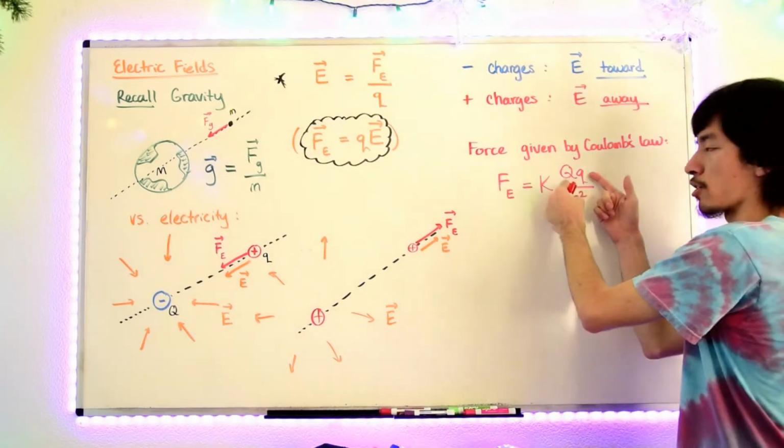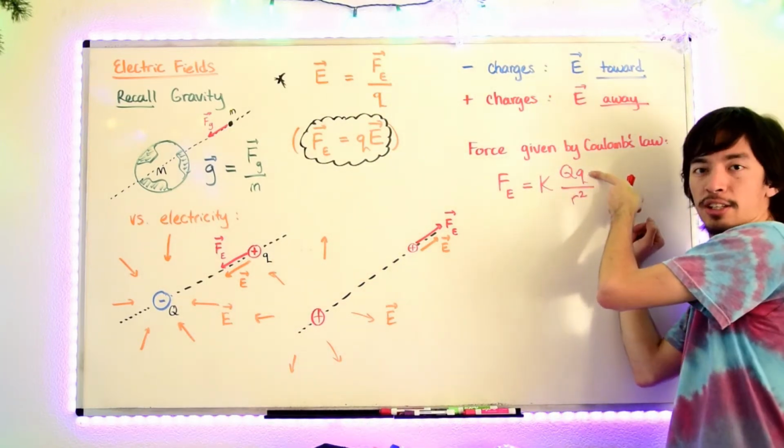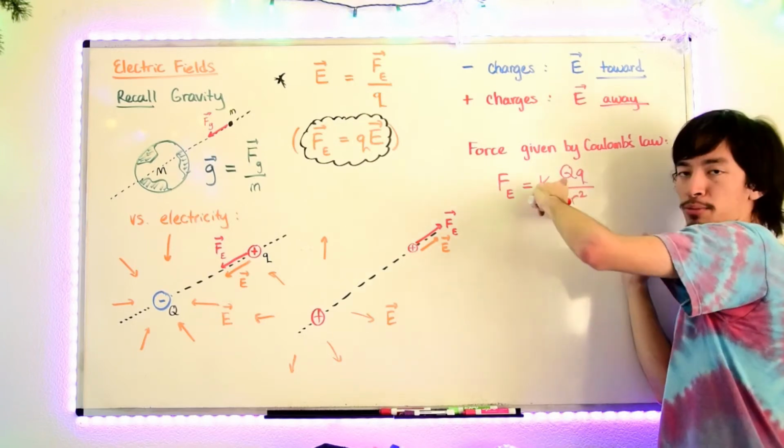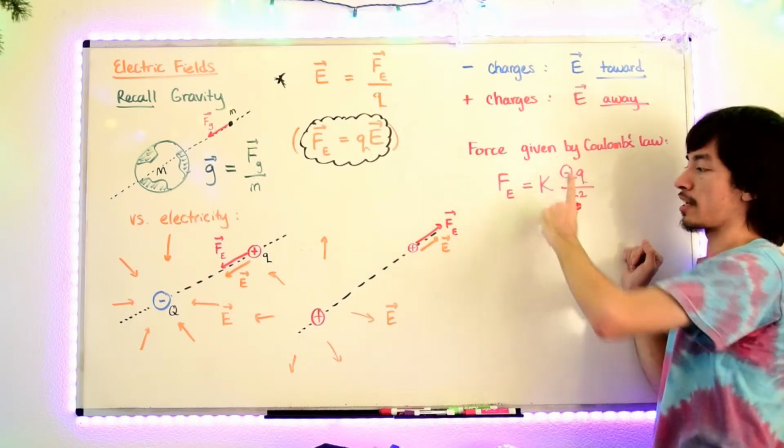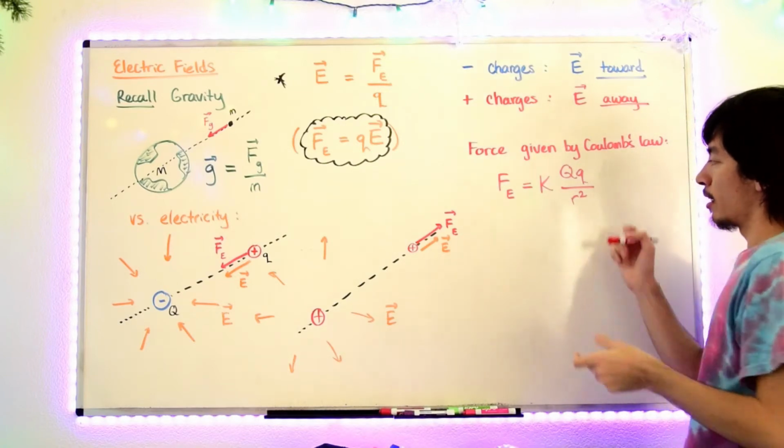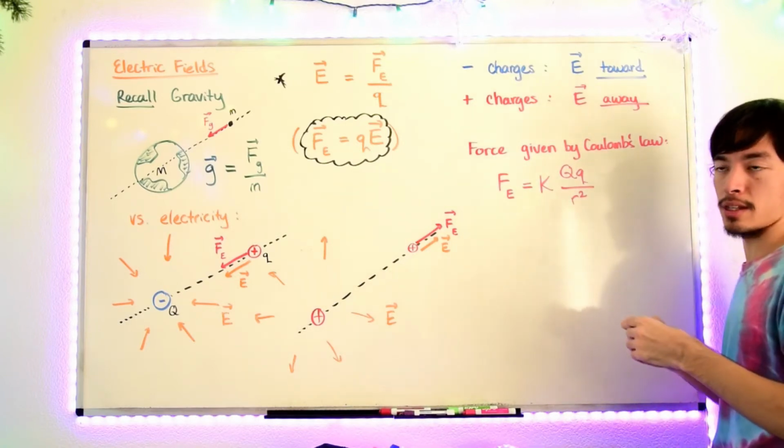We have the two charges of interest, one being the test charge, and the other sometimes being referred to as the source charge, the source of the electric field, and then the distance that separates them.